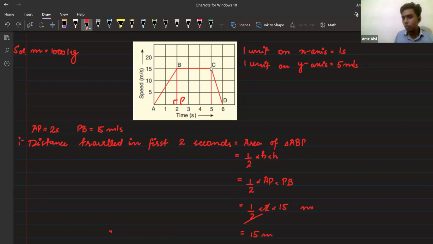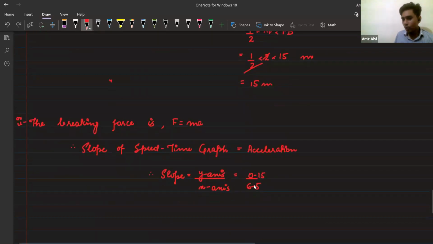And this is the initial point from which the car starts declining the velocity. So this point will be the initial point for CD. So this would be 15. And the time taken from point 5 to 6 is 1 second. So 0 minus 15 would be minus 15 by 1. So it is minus 15 meter per second square.